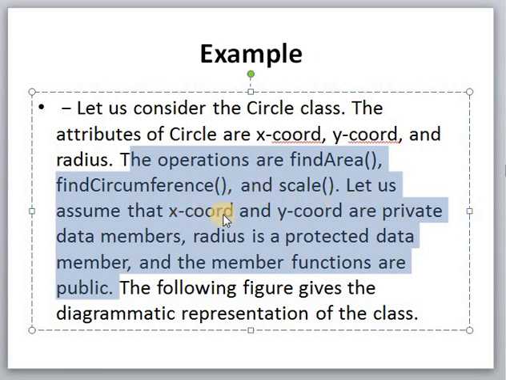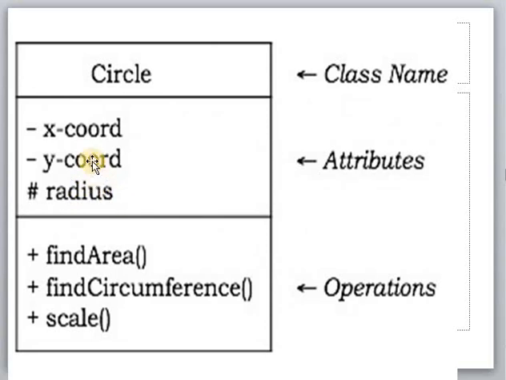Let us assume that the x coordinate and y coordinate are private data members. As we can see in the figure, they are private data members, which can only be accessed within the class in which they are specified. We cannot access the private data members from outside the circle class.